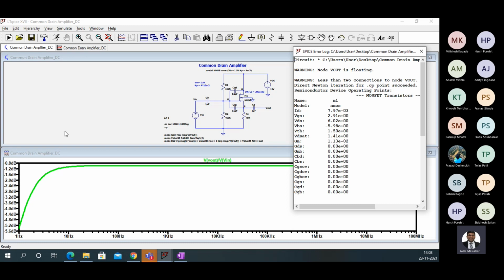As an engineer you should know what the different formulas are, but will you keep on doing this in reality? When you actually go for a job, are you going to calculate this by hand? No, you have to do it using the tool. So these tools you have to use to do the circuit analysis.